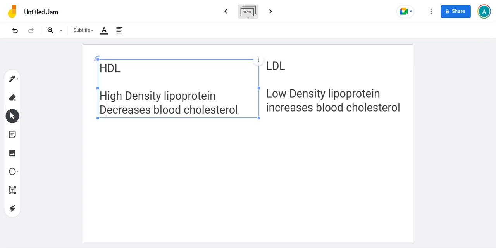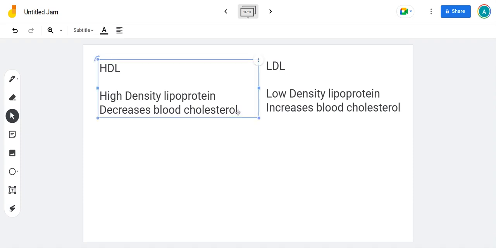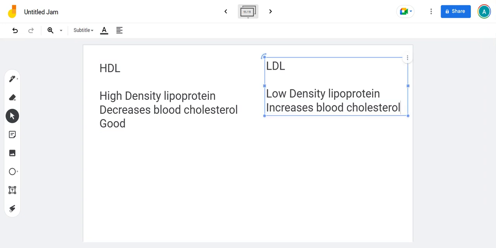So our cell membranes have plenty of cholesterol, and we have plenty to make our sex hormones, etc. So for us, we would say that the HDLs are the good ones, because we want to decrease our blood cholesterol. We have plenty of cholesterol in our bodies and in our diets, most of us. And so it's good that we have HDLs to decrease our blood cholesterol so it doesn't get too high, so it doesn't end up in our artery walls causing those plaques, those atheromas, leading to atherosclerosis.